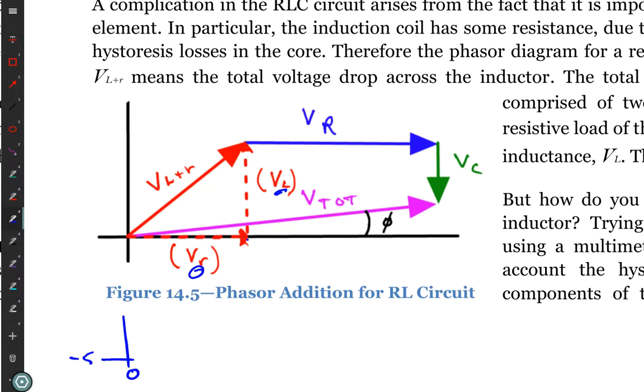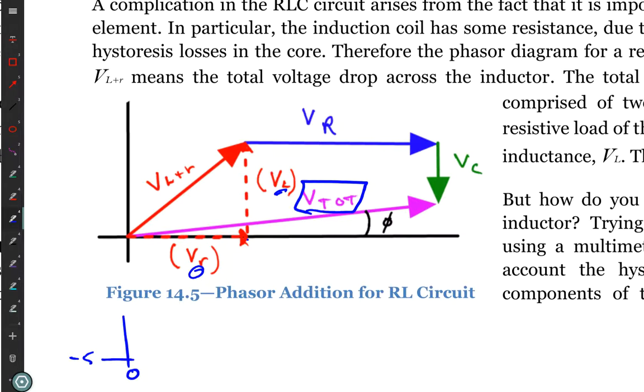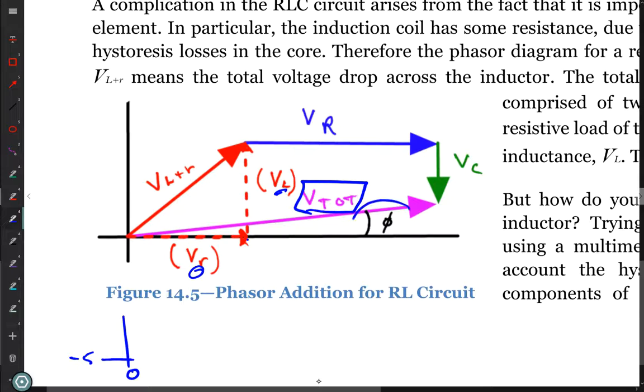So you're going to make your graph. Everything has to be measured carefully because in the end you're getting two numbers. You're getting the magnitude of V total that you're going to compare to what we measured for V total. So you'll find a percent error of difference between those. And you're going to get this phase angle phi.